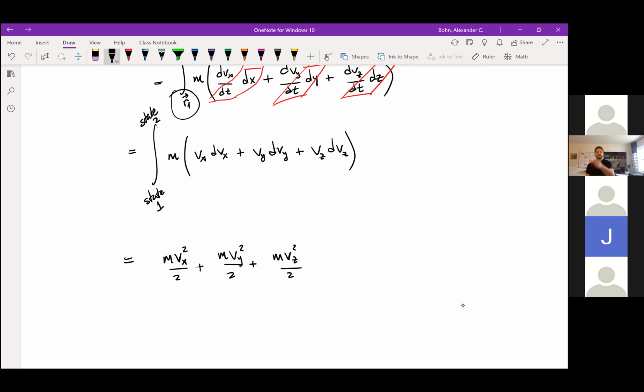Integral of thing d thing is thing squared over 2. And we don't need to worry about integration constants because we're going to evaluate from state 1 to state 2.